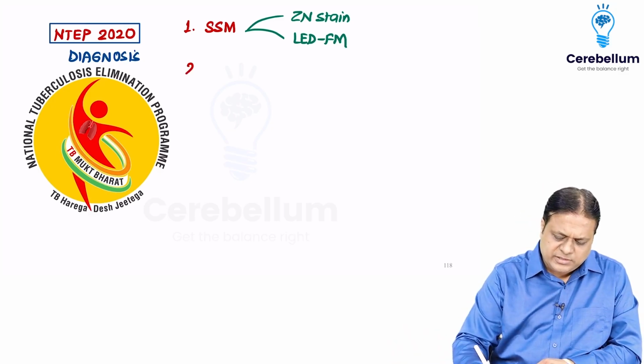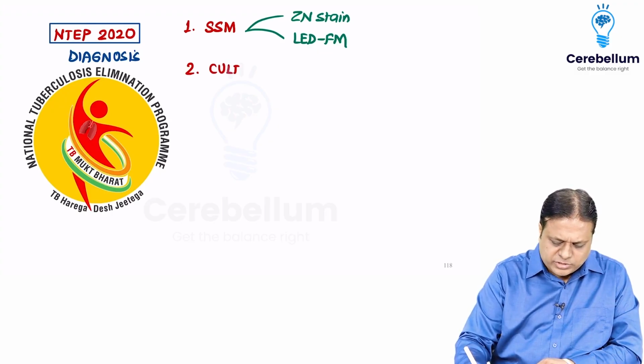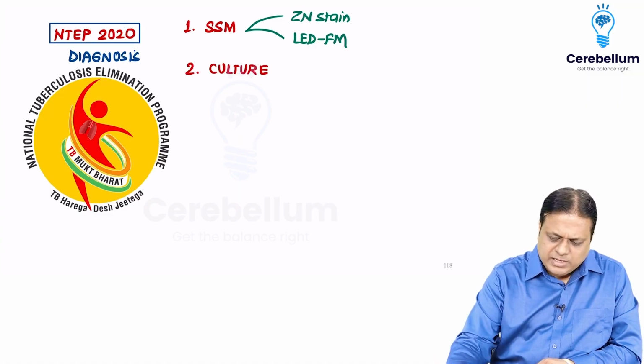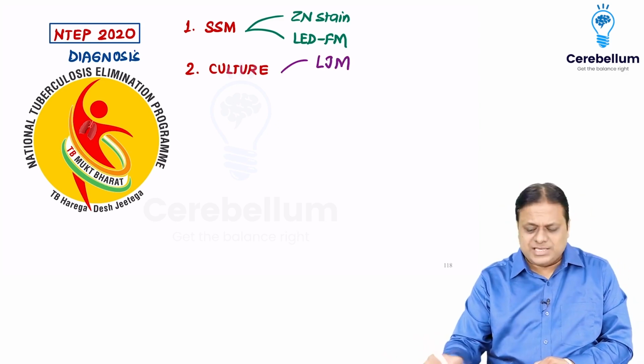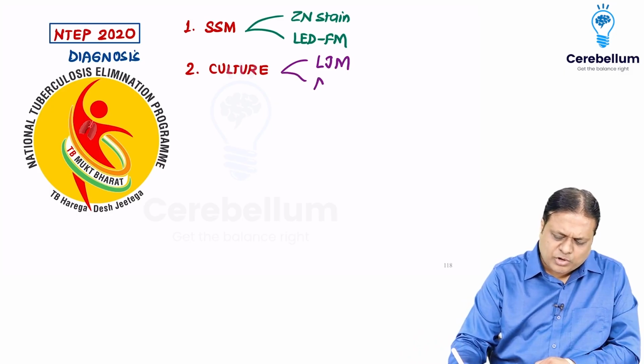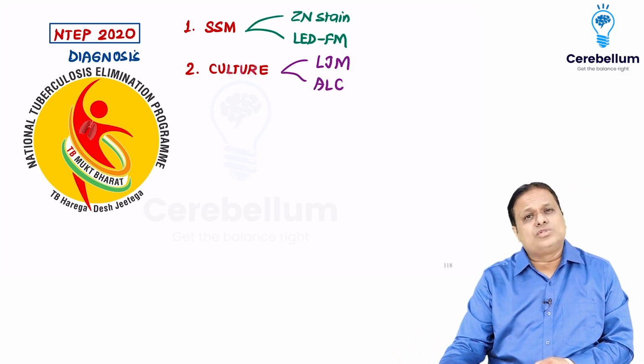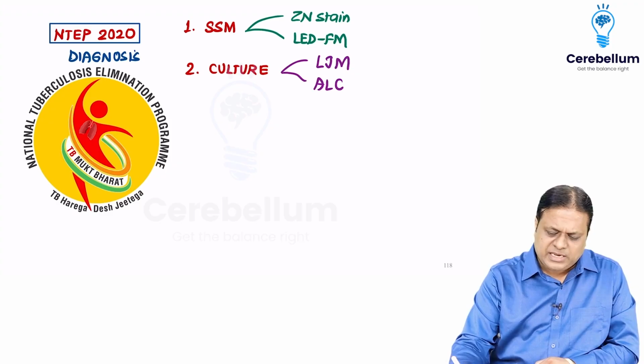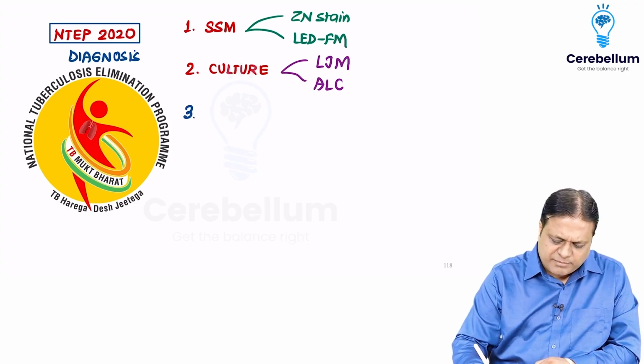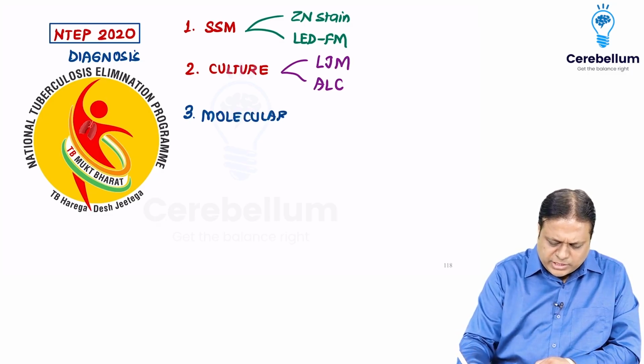Besides this, we have culture for diagnosis. Earlier the program was dependent on LJ medium, Lowenstein-Jensen medium. Now we have automated liquid culture also available. Then a big change in the program has been the introduction of molecular assays.